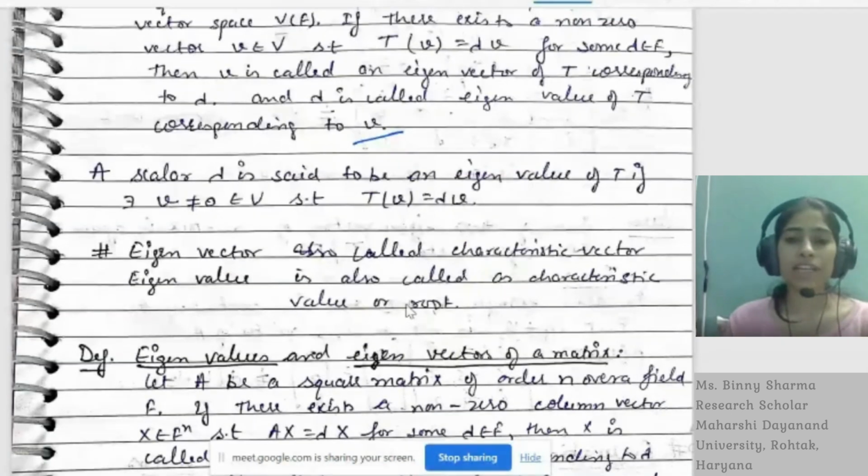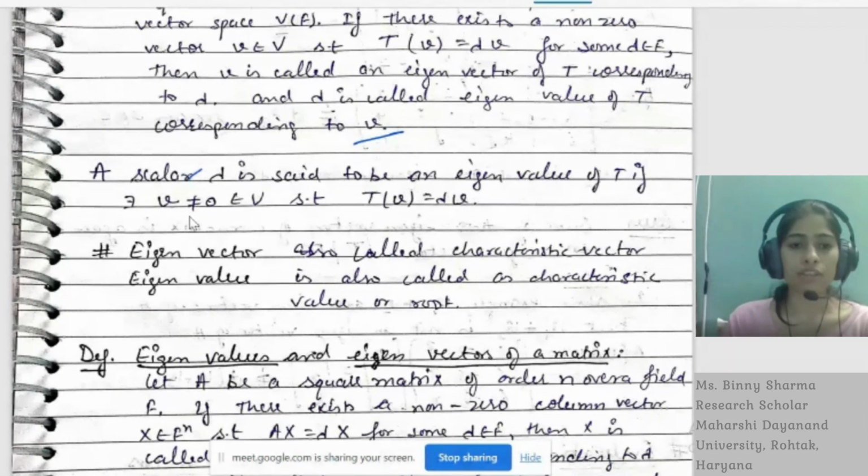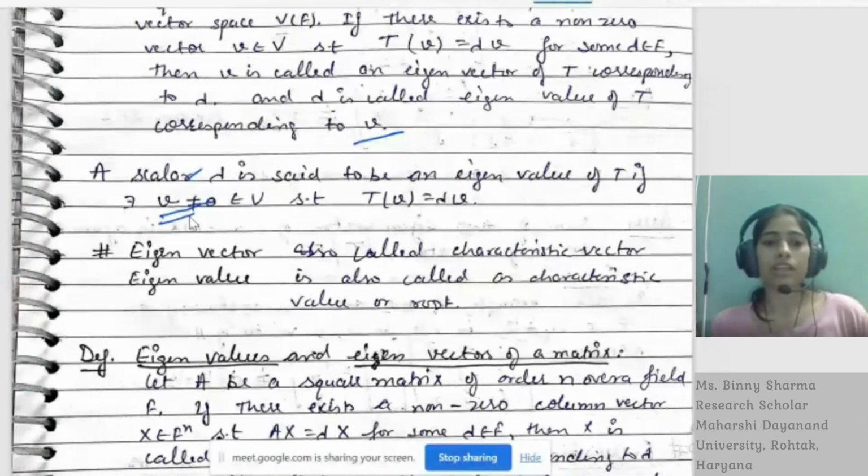We can say a scalar lambda is an eigenvalue of T if there exists a non-zero vector v belonging to V such that Tv equals lambda v.